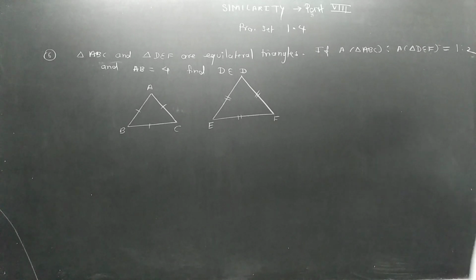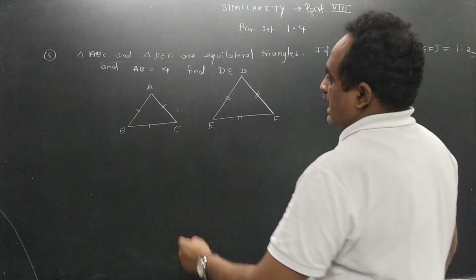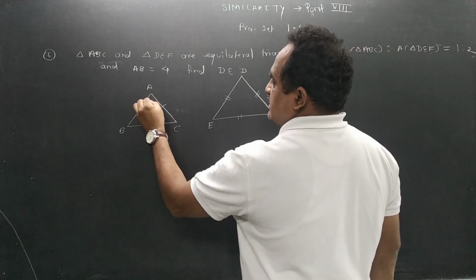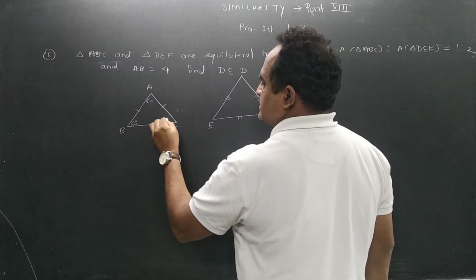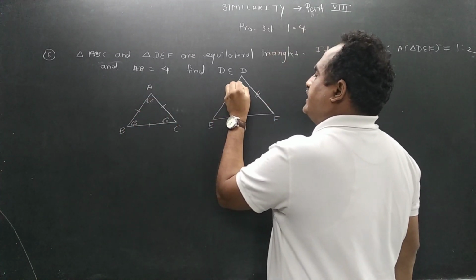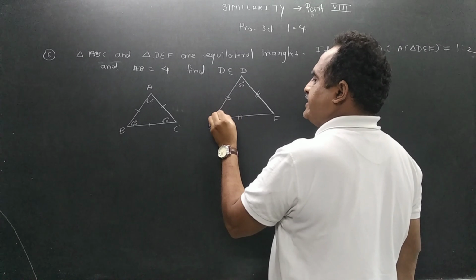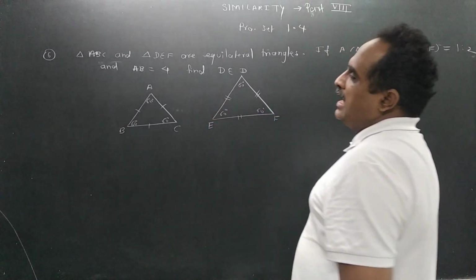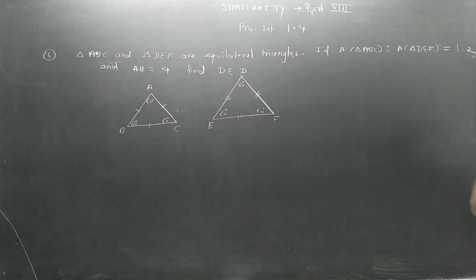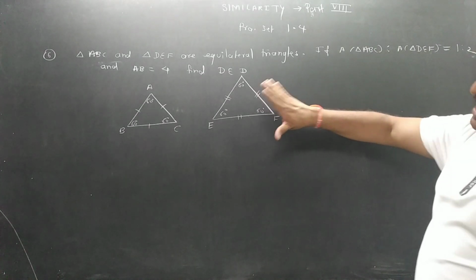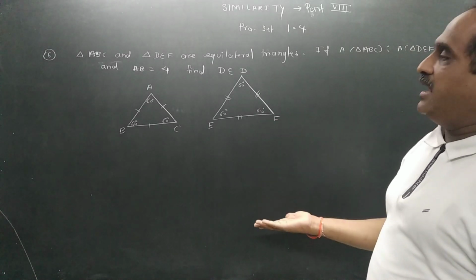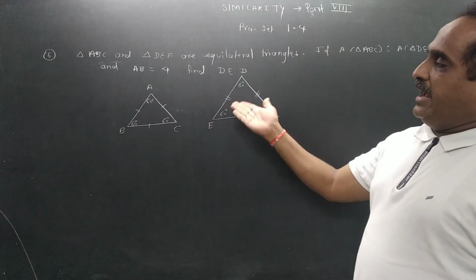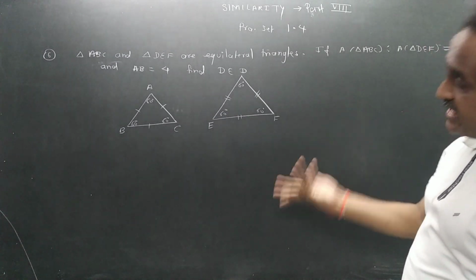We know one more property: this will be 60 degree, and this will be again 60 degree, 60 degree and 60 degree. So when these two triangles are similar triangles, we can use the AA test or SSS test or SAS test.